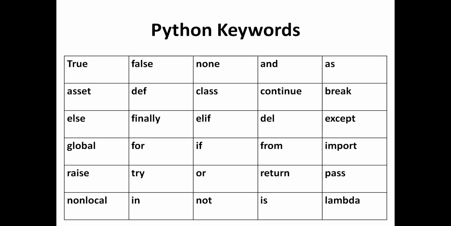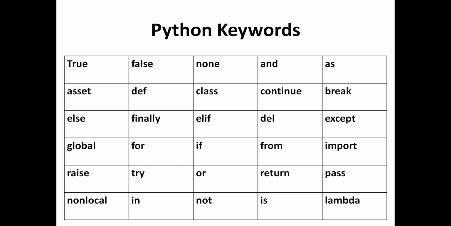Now we'll move on to the next section: Python keywords. These are special reserved words which convey a special meaning to the compiler or interpreter. Each keyword has a special meaning and a specific operation. These keywords cannot be used as variable names.